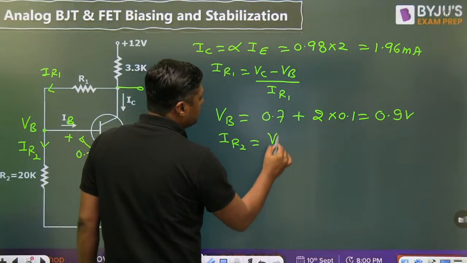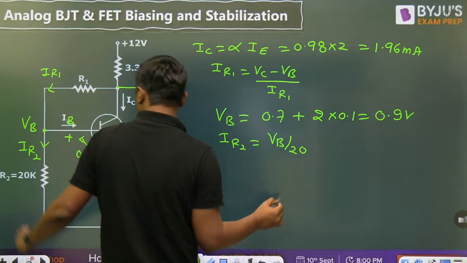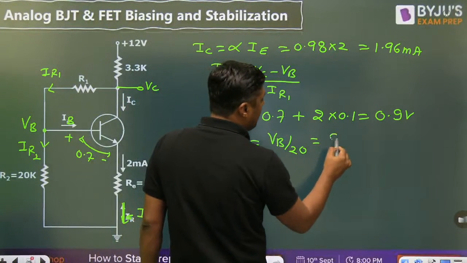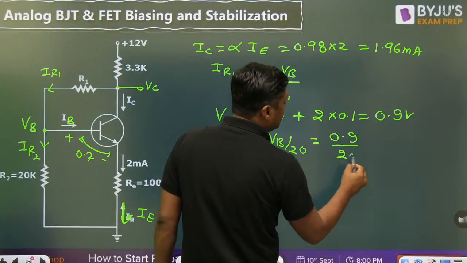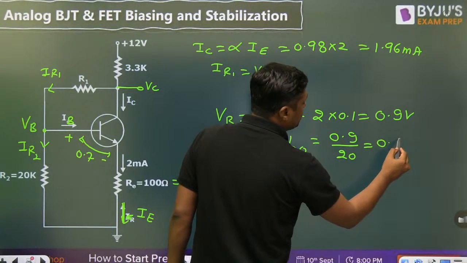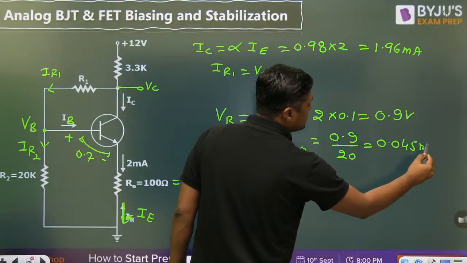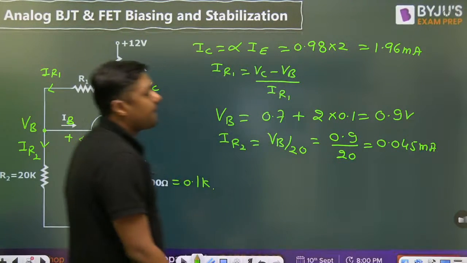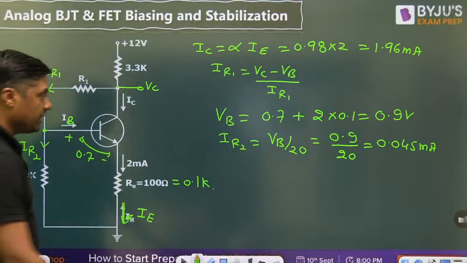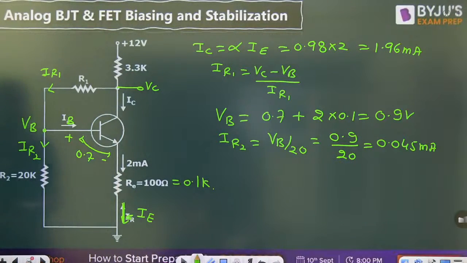IR2 is nothing but VB divided by 20. So it will become 0.9 divided by 20, right, 0.045 milliampere. Please check this. 0.9 divided by 20.